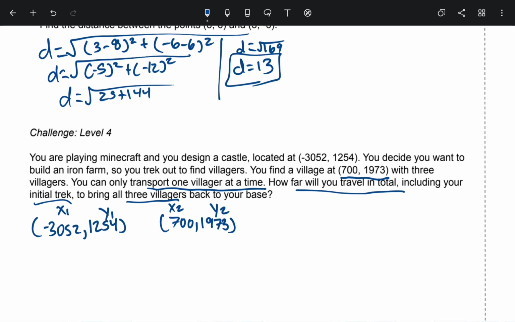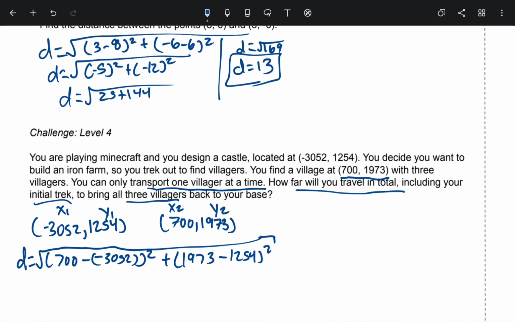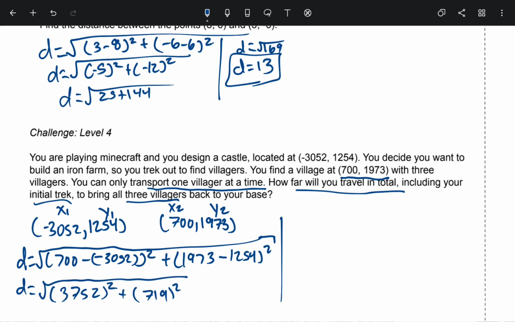So first we want to find the distance using the distance formula. I've gone ahead and plugged in the coordinates for you right here. Now solve the inside of the parentheses. Now square both of these numbers. And you get pretty big numbers, but go ahead, add them together.